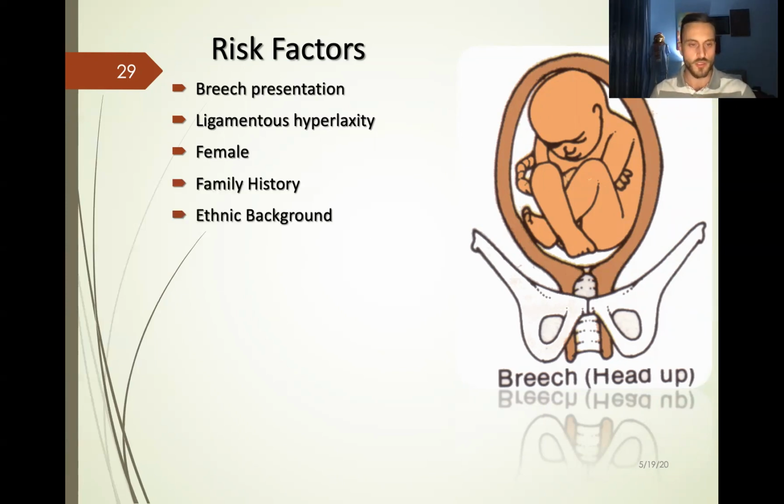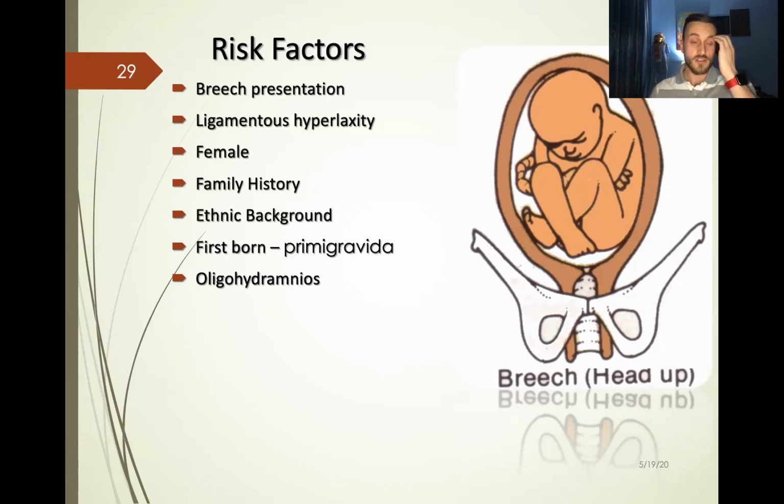Family history for sure, and ethnic background. Firstborn, which is primigravida, the first baby. Oligohydramnios, where the amniotic fluid around the fetus is reduced. Both of these tell you that the uterus is still tight, and external forces are pushing on the femur, making it dislocate.